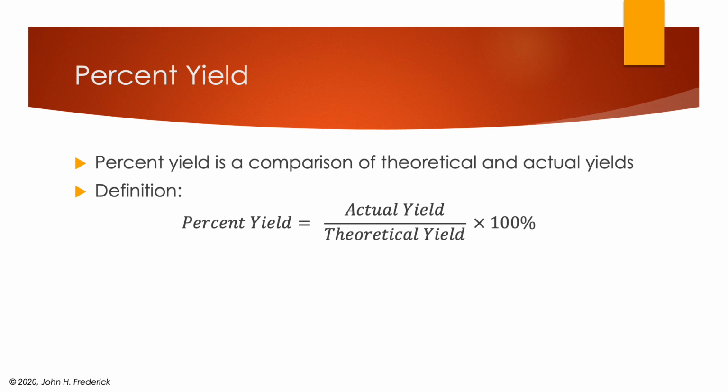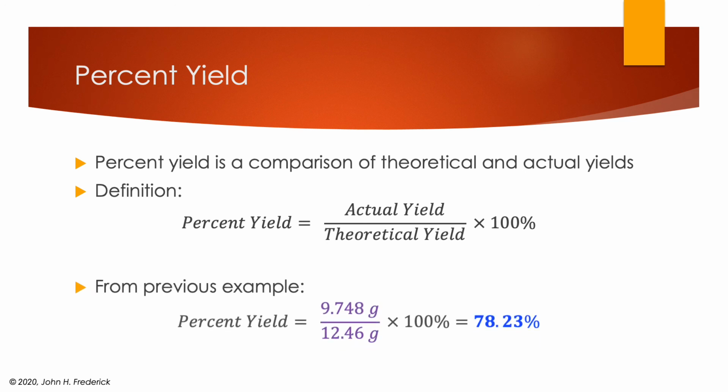The percent yield is basically the ratio of the actual yield to the theoretical yield times 100%. Now, remember I said the actual yield is always less than the theoretical yield, so this is always going to be a fraction less than 1. So the percentage that I should get should be some percentage between 0 and 100. So from our previous example, what we should get is the following.